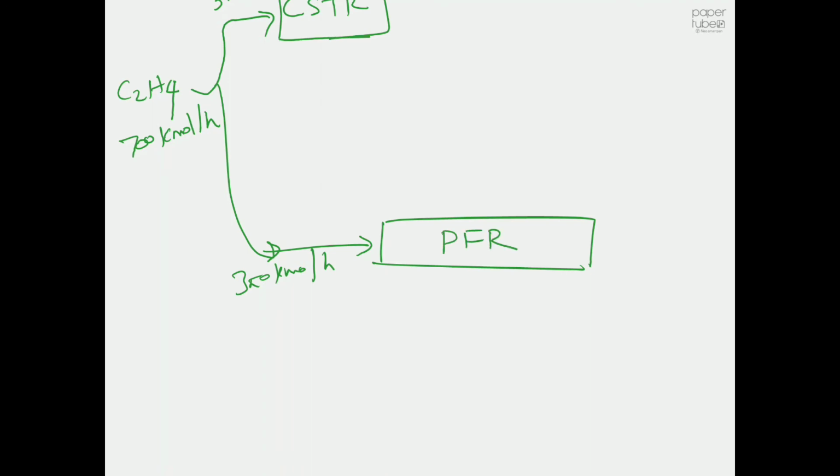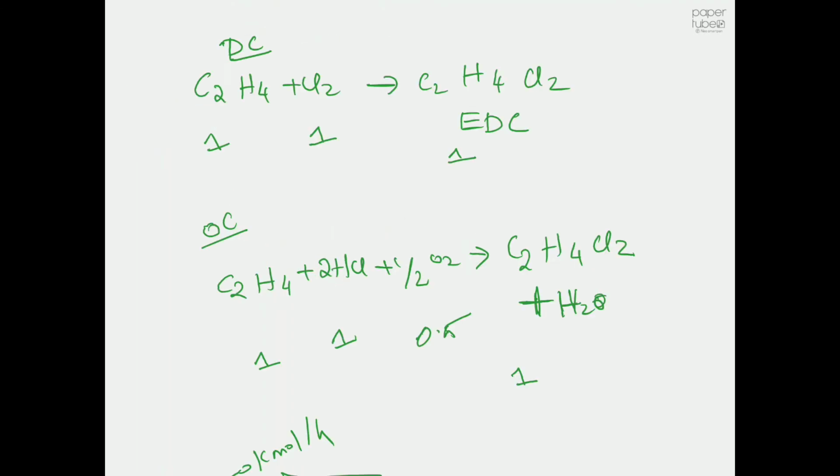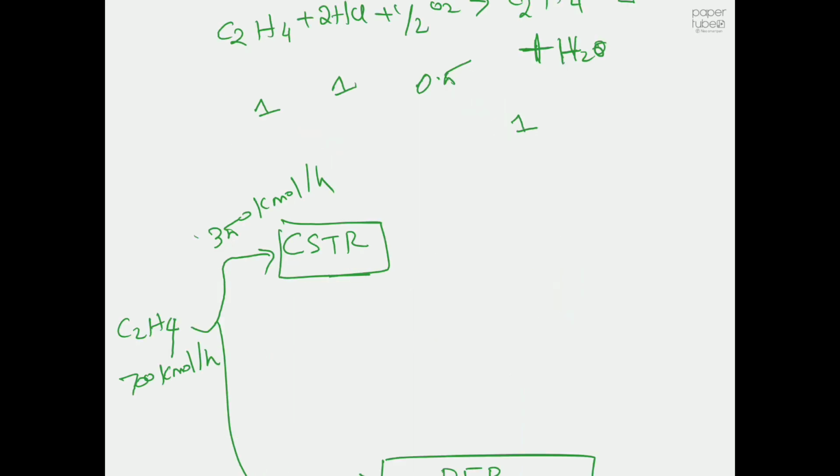If you come back to the stoichiometry of direct chlorination, 1 mole of ethylene reacts with 1 mole of chlorine, giving rise to 1 mole of ethylene dichloride. So we need at least 1 mole of chlorine to convert 1 mole of ethylene to ethylene dichloride. We have 350 kilomoles per hour, so we can add exactly the same amount of chlorine.